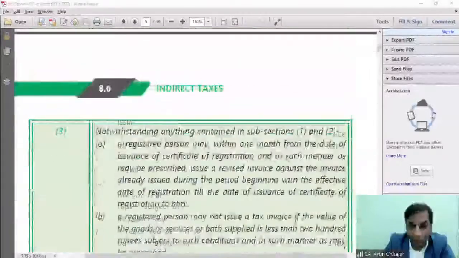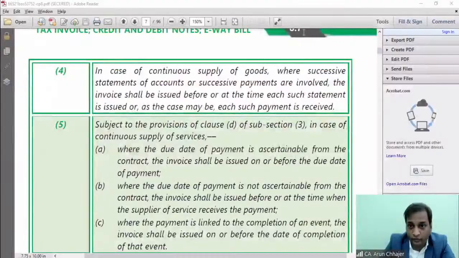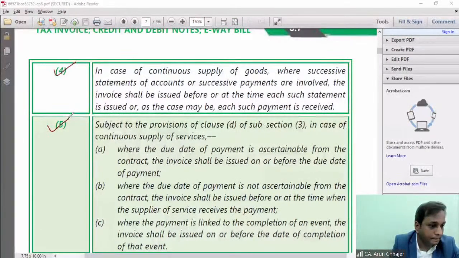Coming back to the provision which talks about this continuous supply. Now, section 31 subsection 3 is pending. I will come back, just complete continuous supply of goods and continuous supply of service. Right, Rohit.